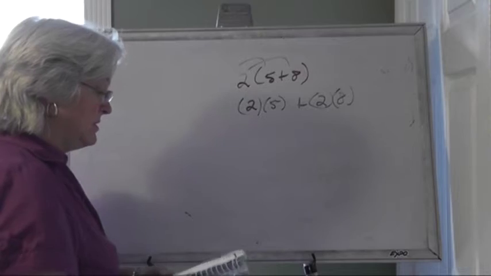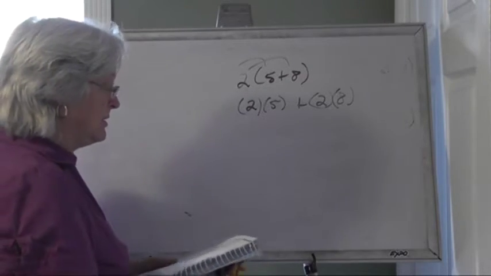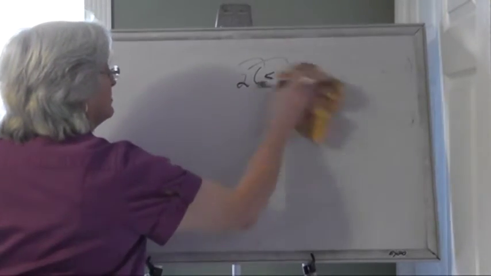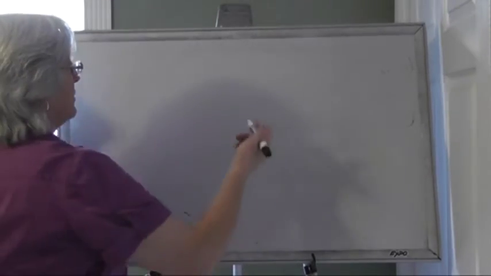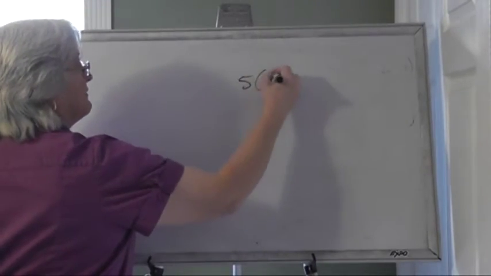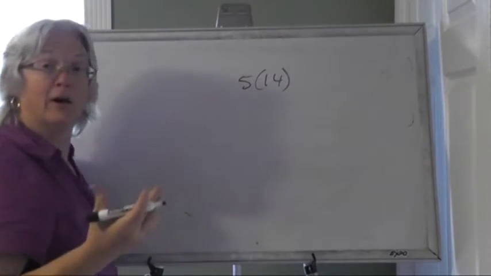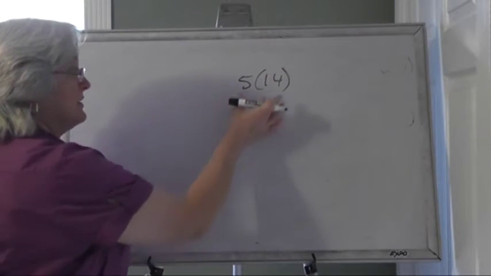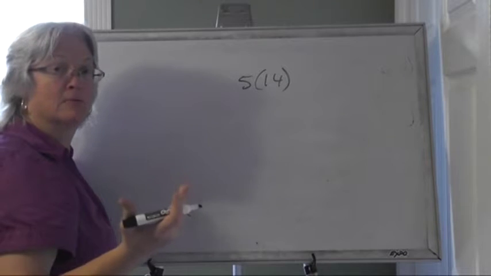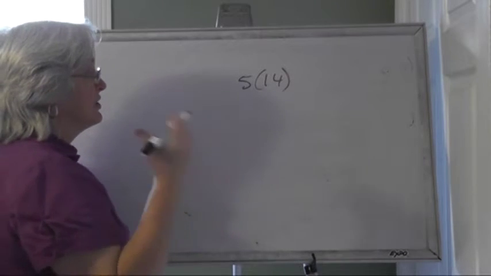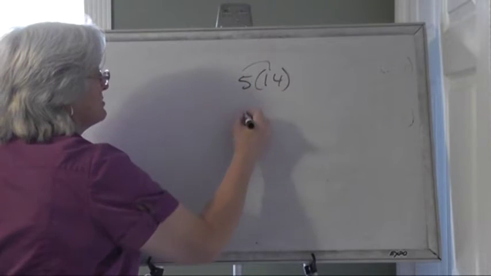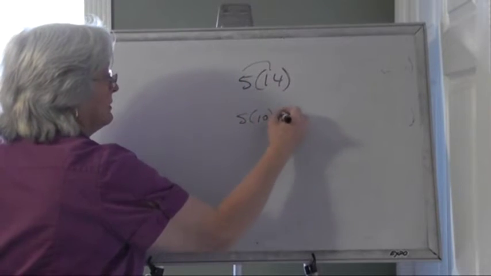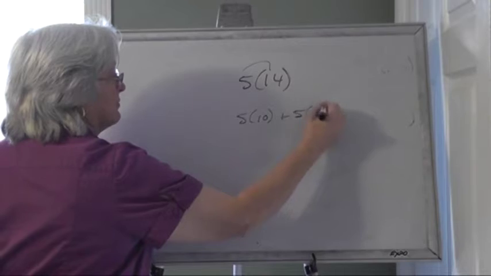Now, number 15, we're talking about mental computation, and this is where you're breaking numbers apart. 5 times 14: a lot of you can very easily do this multiplication and know that 5 times 14 is 70. But you can also break it apart in your head: 5 times 10 plus 5 times 4.